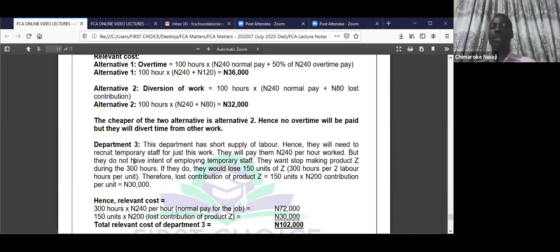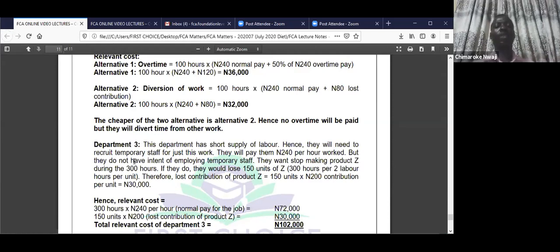Even though they are in short supply, they didn't tell us they're going to employ temporary staff. That's an intention that can be created. But they said that they will stop making a product that will be using 300 hours.